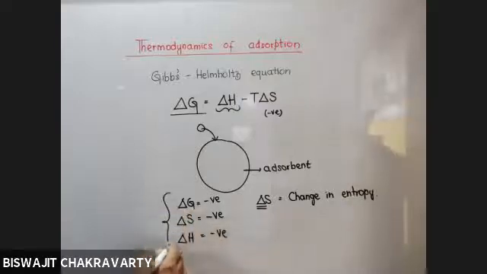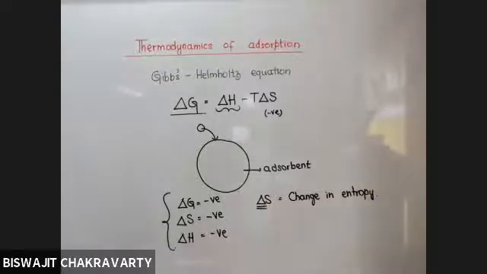This is a very, very important piece of information: all three thermodynamic terms, Gibbs free energy change, entropy change, and enthalpy change, are negative in nature. So if delta H comes out to be negative, is this process endothermic or exothermic? It is exothermic.